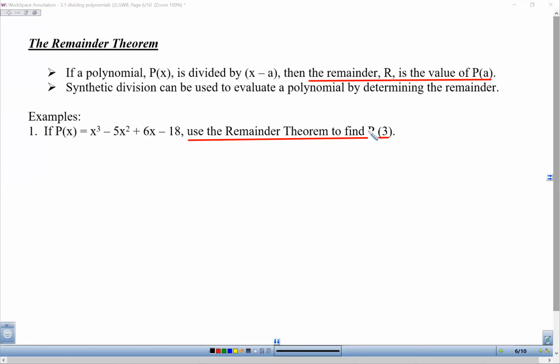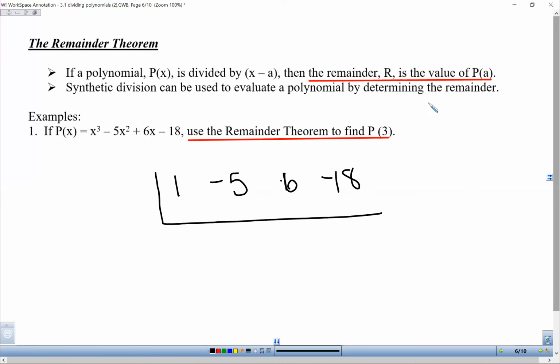So I could take 3 and plug it in for every single x and do all those calculations, or I can do synthetic division. Now, the value they're giving us is a. Notice this isn't in the form of x minus a, it's just p of a. So you don't use the opposite here, you just use that number.